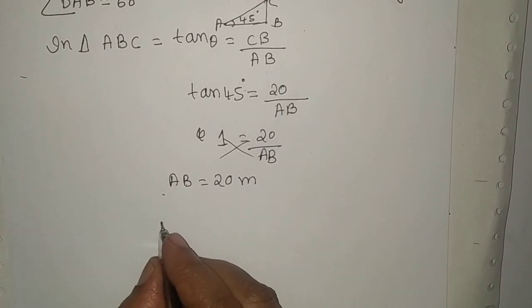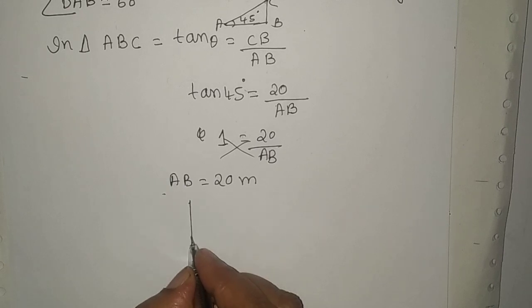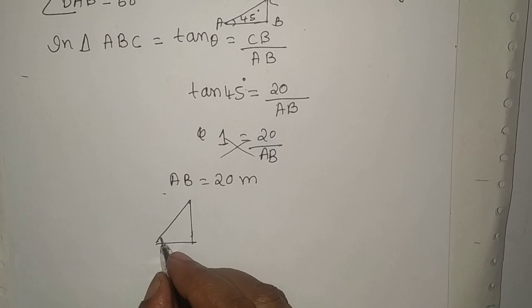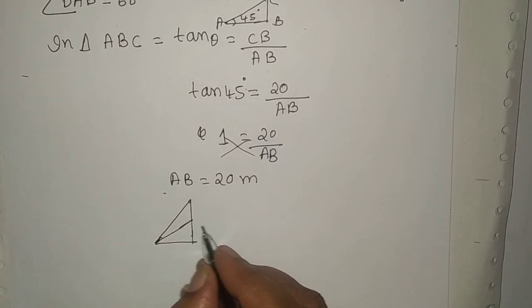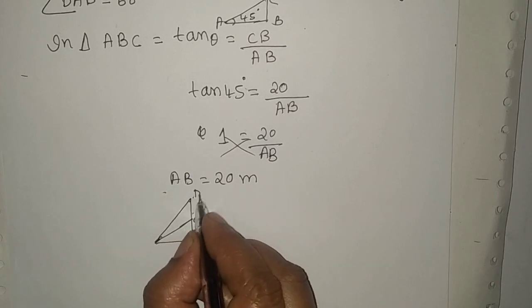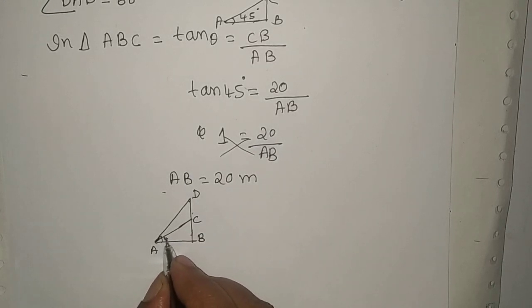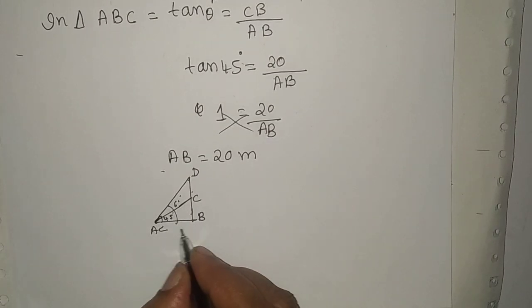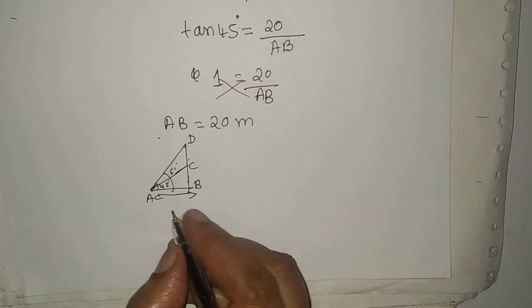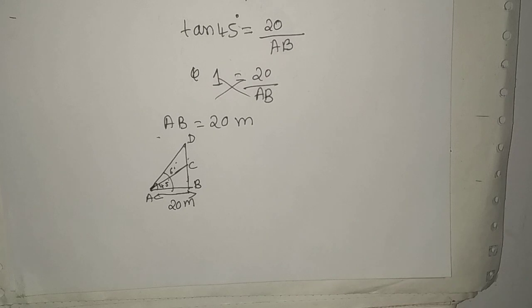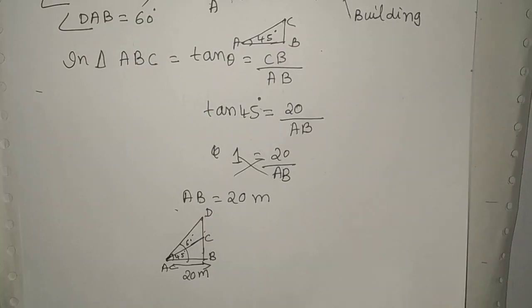meters. This is the diagram, and these are the elevations, this is the building, this is the tower: B, C, D and A. This is 45 degrees, 60 degrees, and we calculated this as 20 meters. So this is the first part of the question. Now we move on to the next.